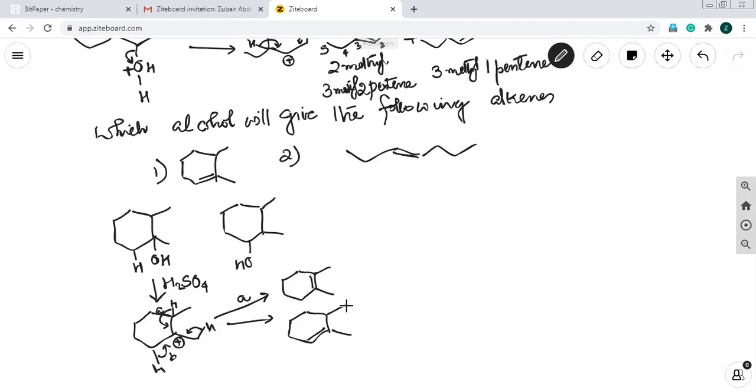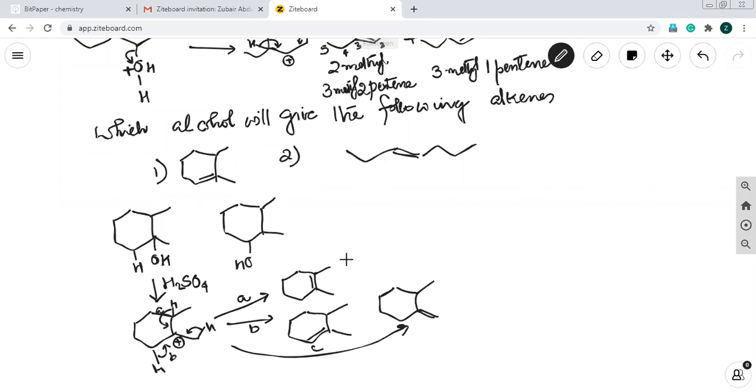And the third product is the one from the formation of the double bond on the side chain. So this is by B and this is by C. Now in these 3, you have to decide which is the major product.